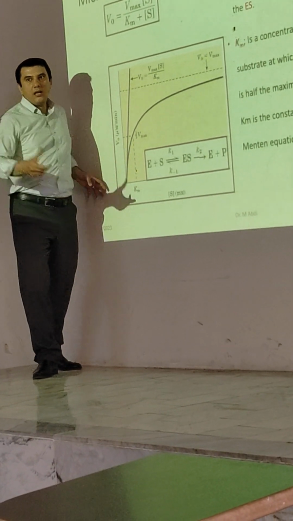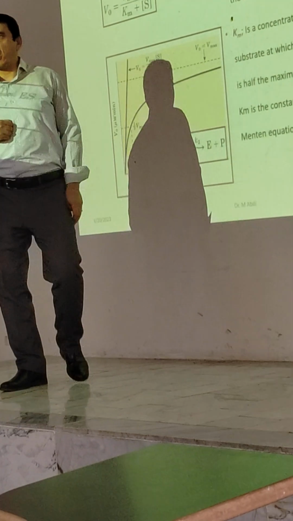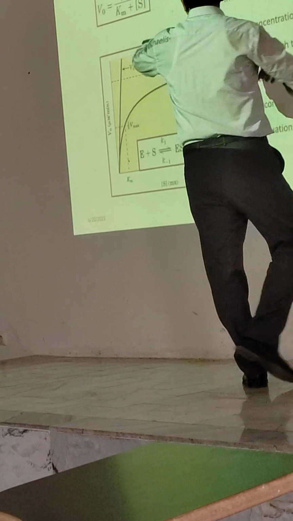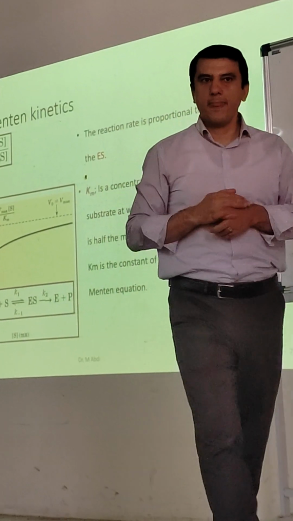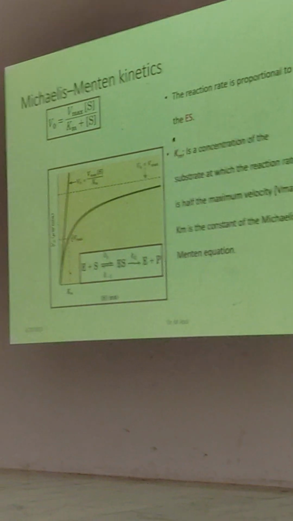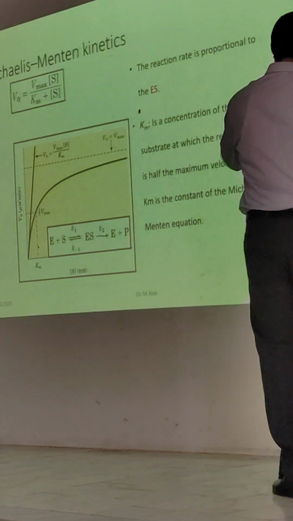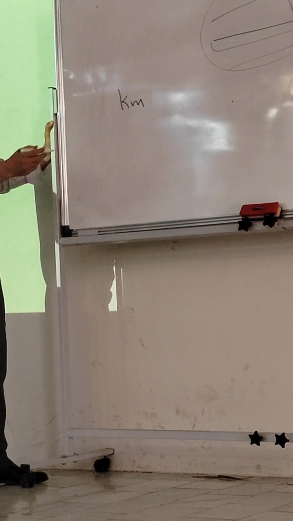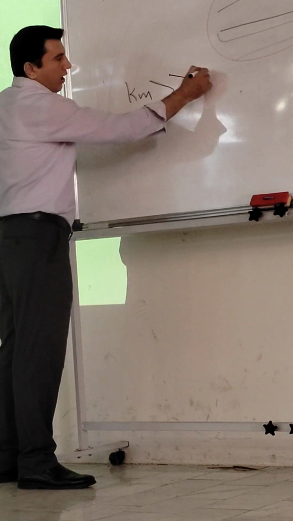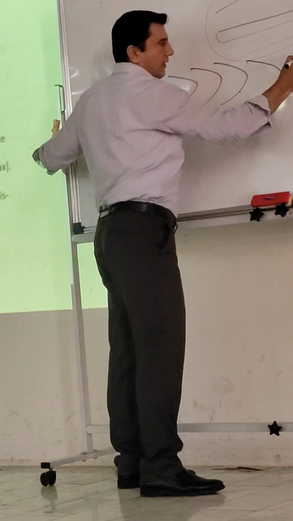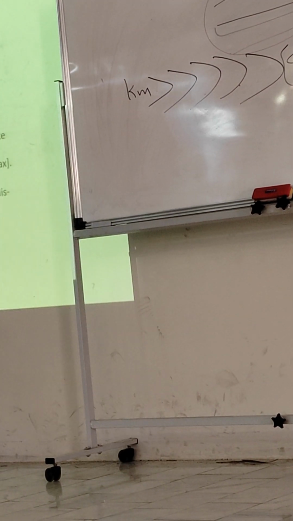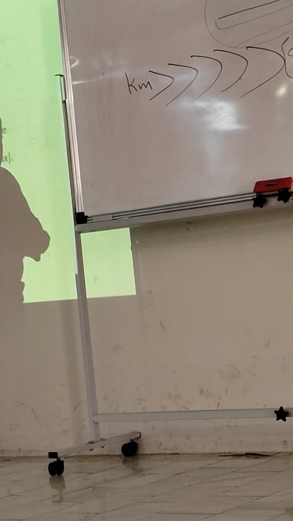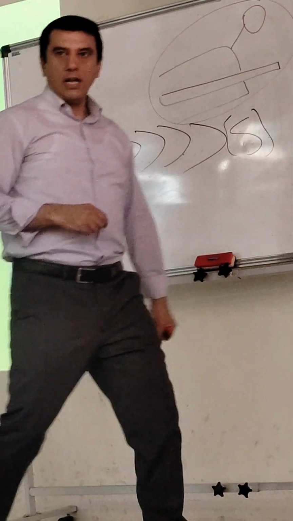Km. A question for you. You have the formula. Please reply and solve this question. If the concentration of Km is much higher than S, what would be the formula? Please solve this question.